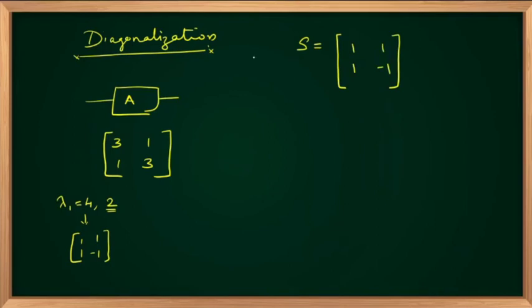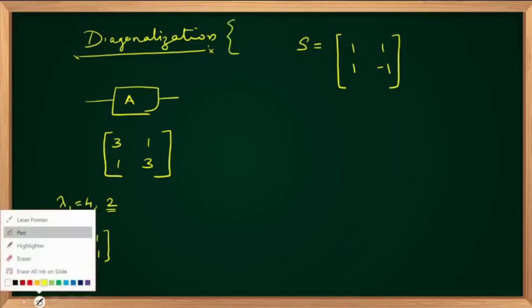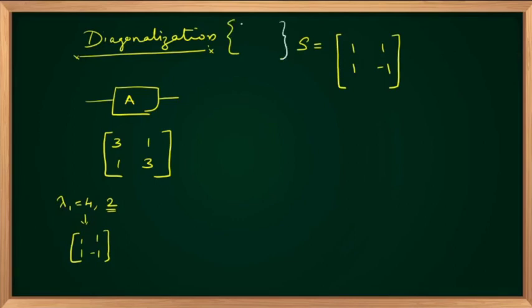Now this diagonalization procedure is applicable only for those matrices where the eigenvectors are linearly independent. Diagonalization is possible only if the eigenvectors are linearly independent.